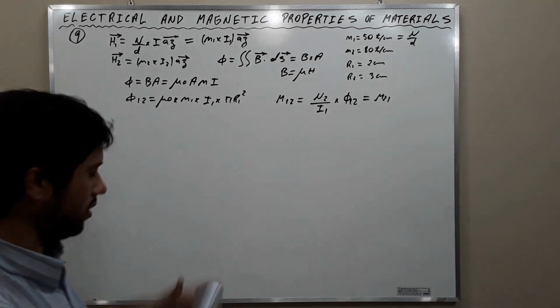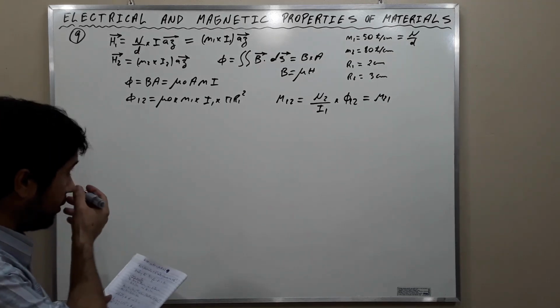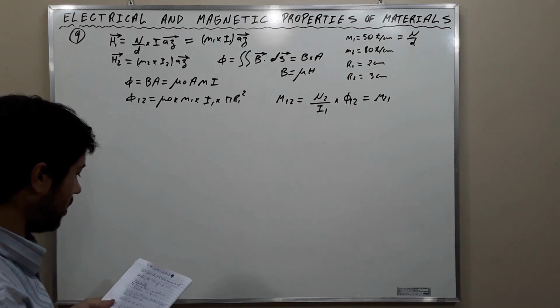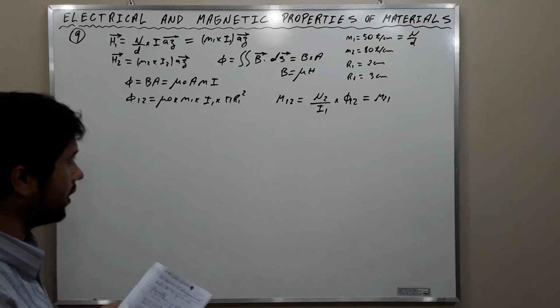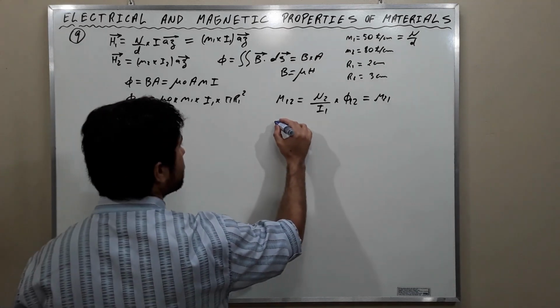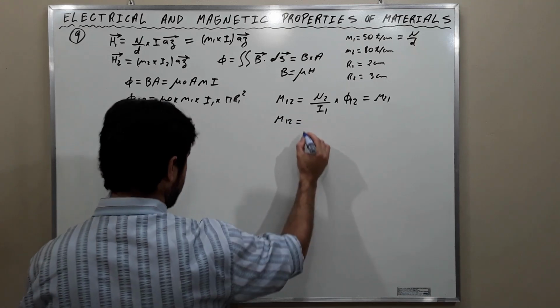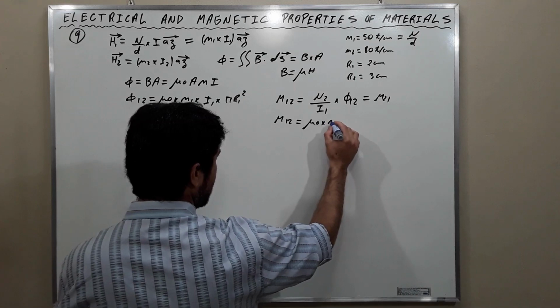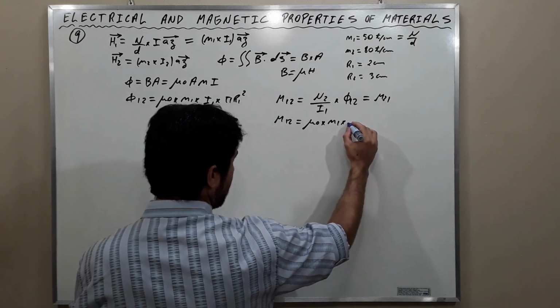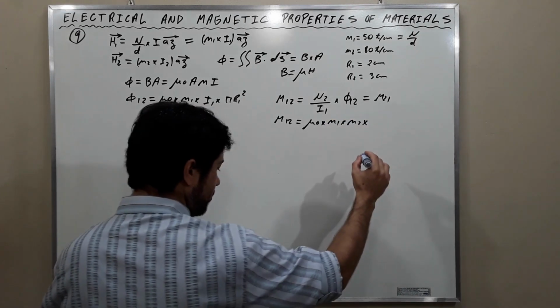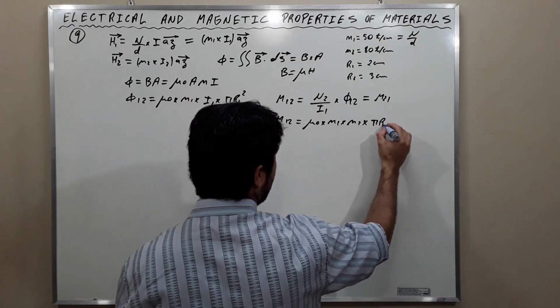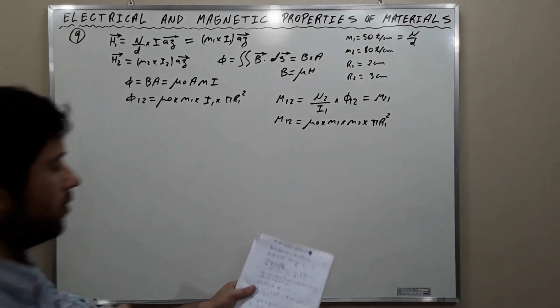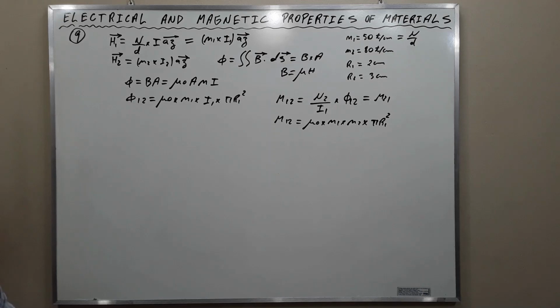Applying this here, we find that the mutual inductance is mu 0 times N1 times N2 times pi R1 squared. Okay, this is the expression that we are going to use.